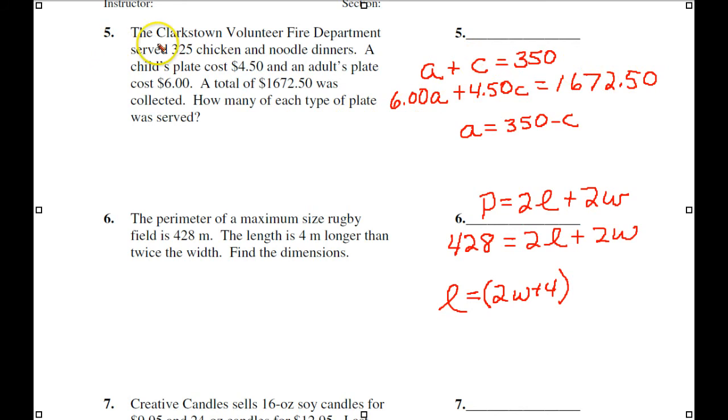Okay, as we go on now to number 5, you have a supper being served, and they served 325 dinners in all. Now, some of those were a child's plate, and some were an adult's plate.